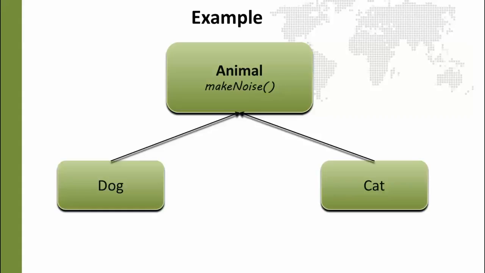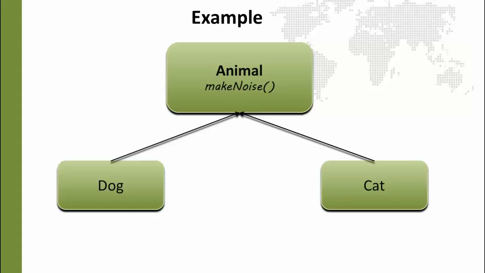They are both types of animals. So for dog, we are going to override, we are going to redefine that makeNoise method, and we are going to put out bark. We are going to make a dog bark. And for cat, we are going to redefine the makeNoise method. We are going to override that and we are going to have meow.